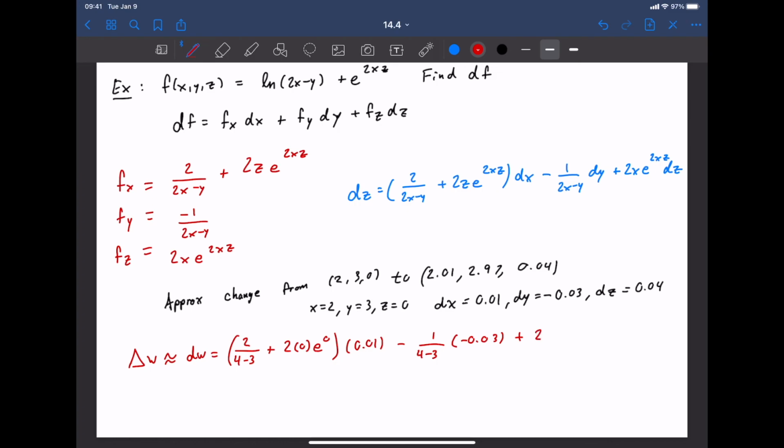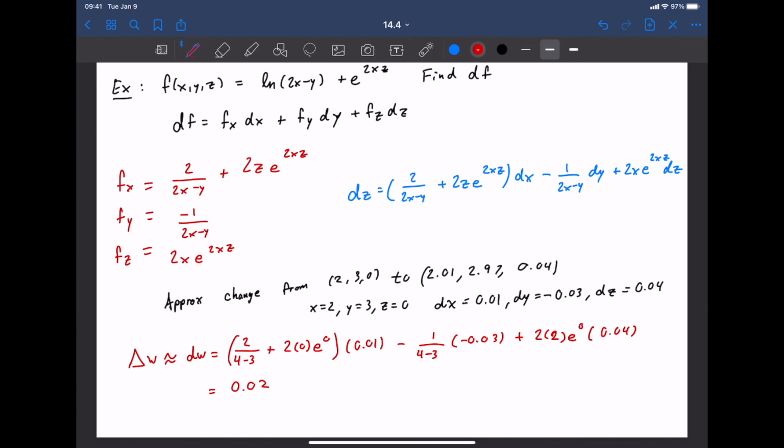Plus 2 times 2 e to the 0, because Z is still 0, times the change in Z, 0.04. And if we estimate that further, I think that's 0.02. Yeah.